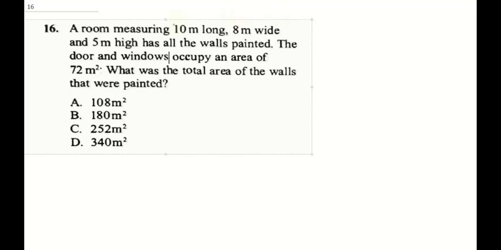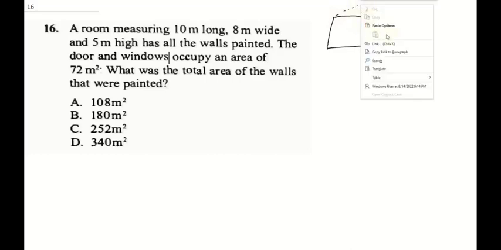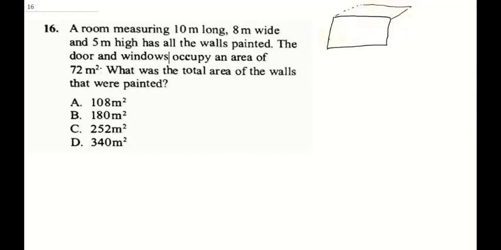Now, in order to explain this question to you, I'm going to bring in the concept of a cuboid. Now, there's something I want you to understand about this room. Okay, this is our room.